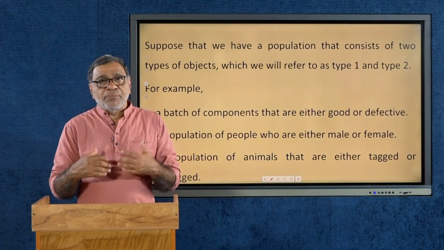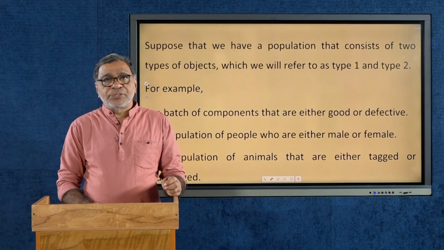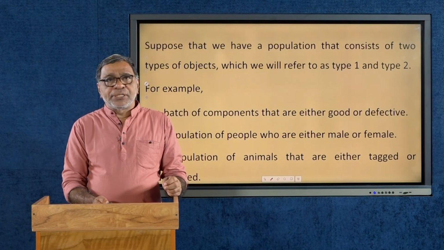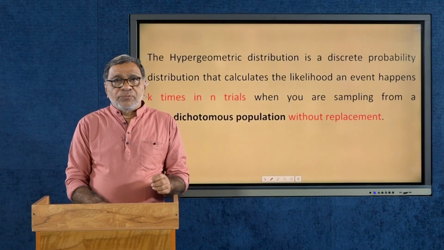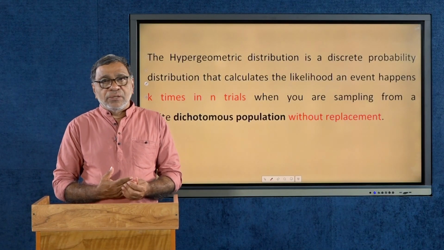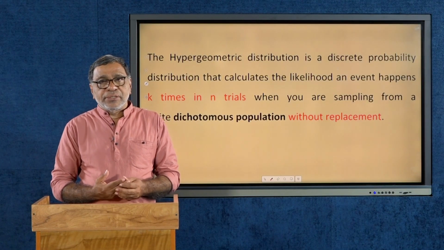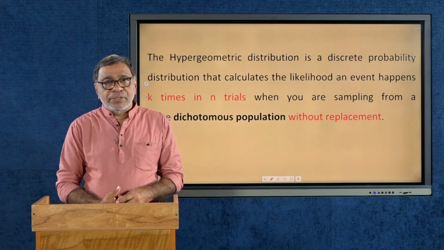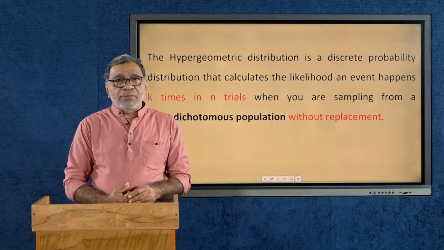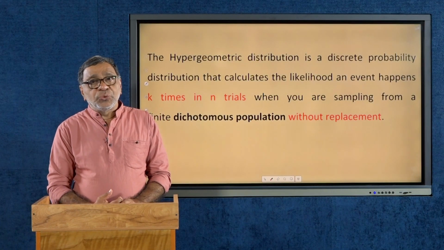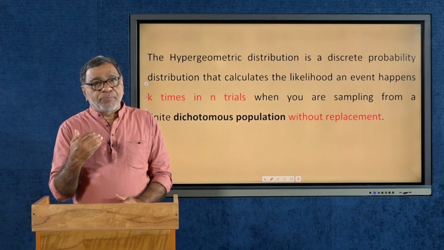So we consider such a population, and from that population we are finding the probability that an event happens k times in n trials when sampling from it.